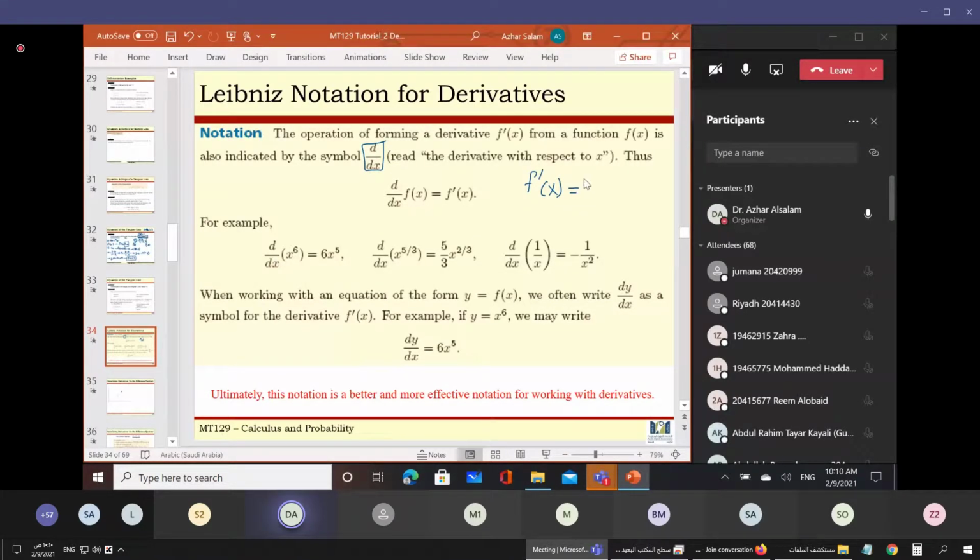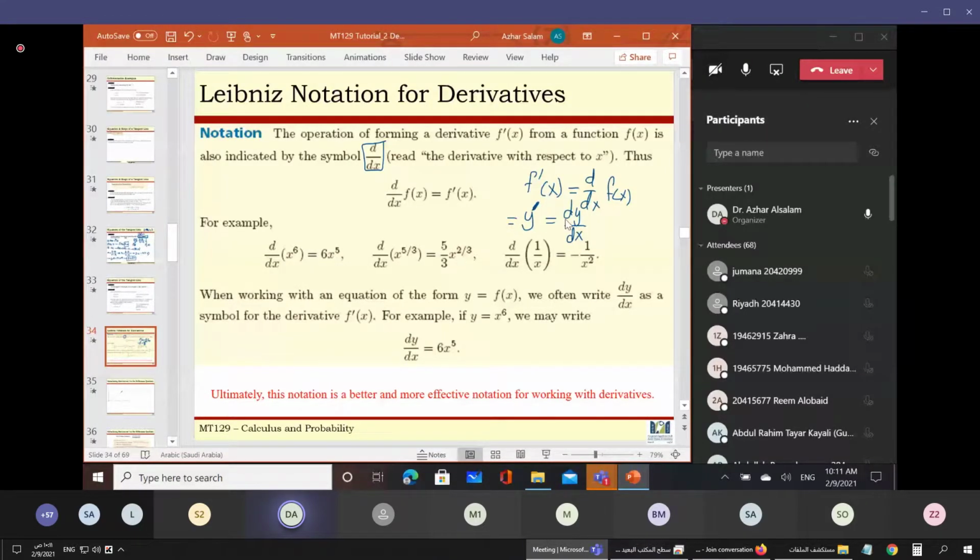It's equivalent to say d by dx for f of x, and it's also equivalent to y dash. I can make a notation for the function y, and the derivative will be y dash, which is equivalent to dy by dx.